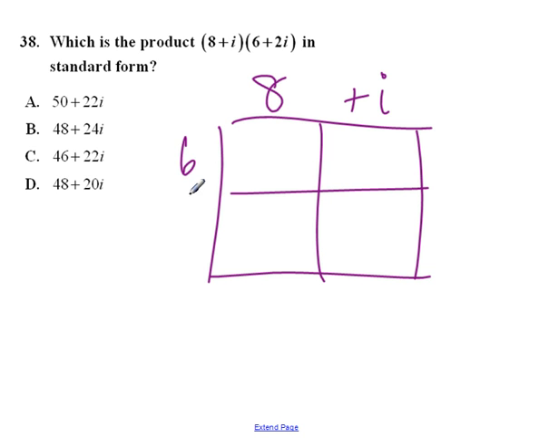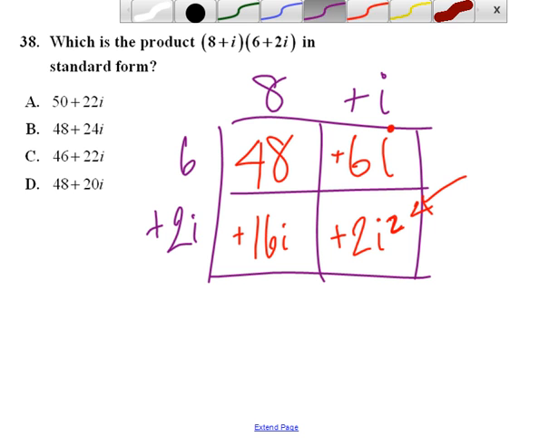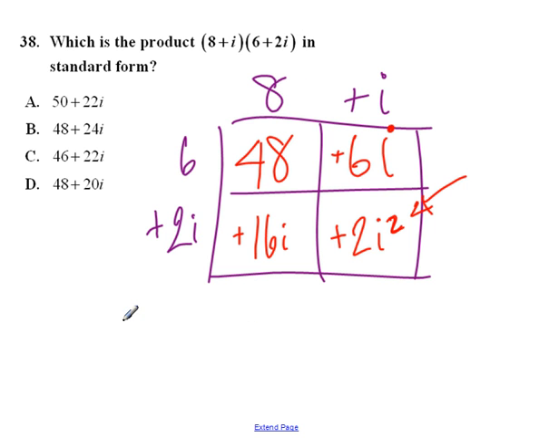Alright. 8 plus i times 6 plus 2i. Going box method, because box method is what we do. 6 times 8 gives us that 48 in here. We get a 6i. Oh, that was a big i. Didn't mean for that to happen. Got plus 16i out here, and plus, this is the important one, 2i squared. This is our important part because we all remember that i squared is really just a negative 1.